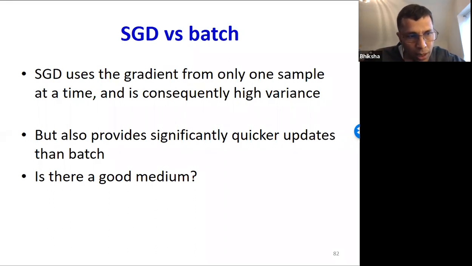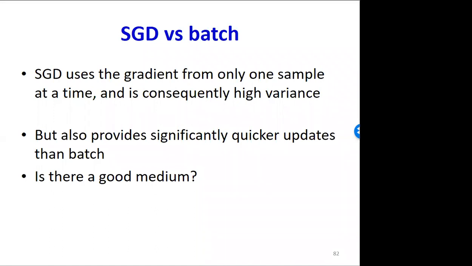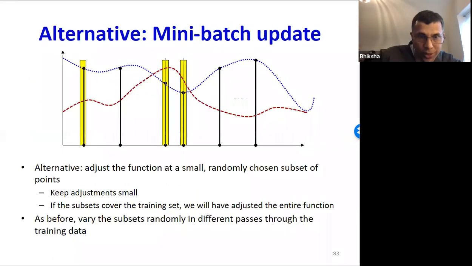So how would you suggest we fix this? We'd like to get an intermediate where we get the advantage of quicker updates, but we don't suffer from the same variance. What can you do? Could you change the batch size? You can change the batch size. You can have mini batches.